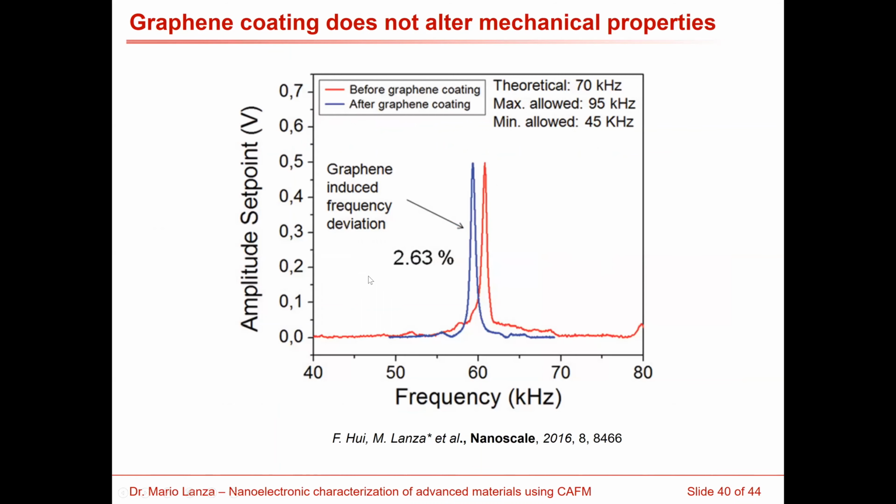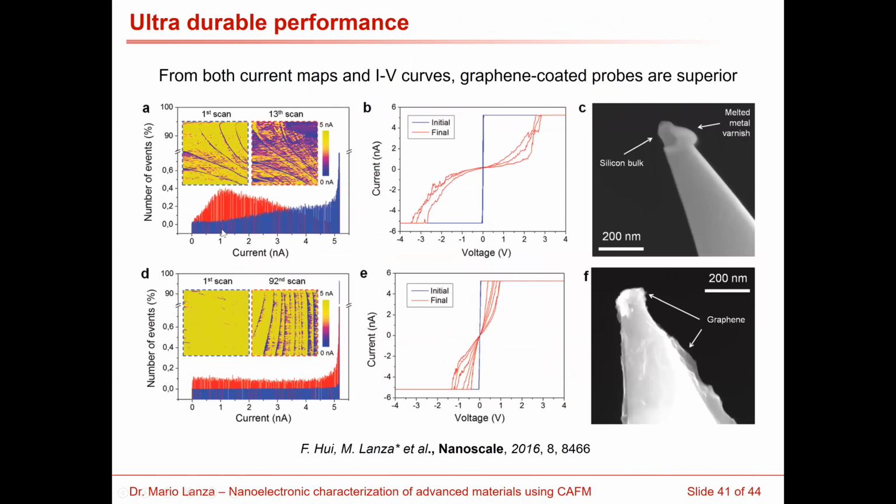First, we observe that the coating doesn't alter the mechanical properties of the cantilever, and therefore these tips conserve these properties, which is something that we want. Then we have compared the lifetime of the standard tips, which are uncoated, and graphene coated tips.